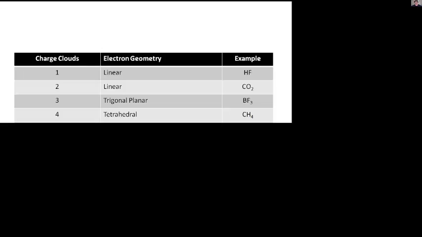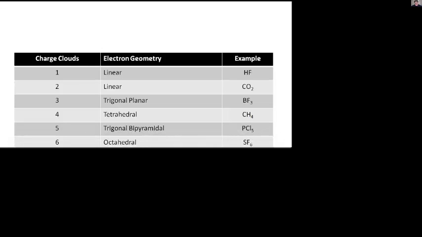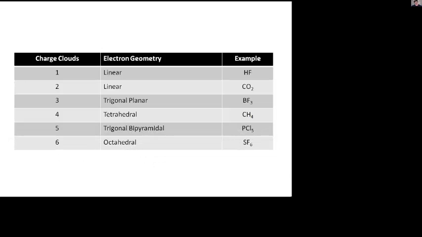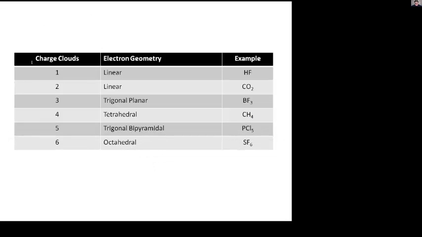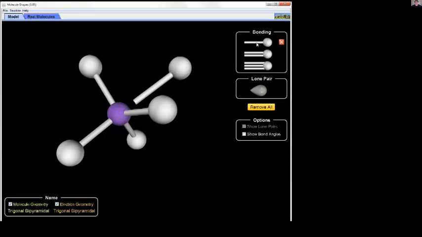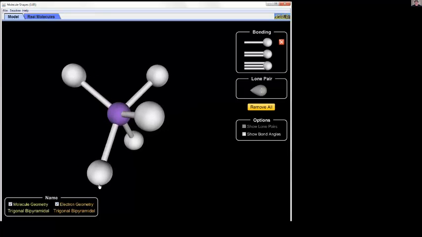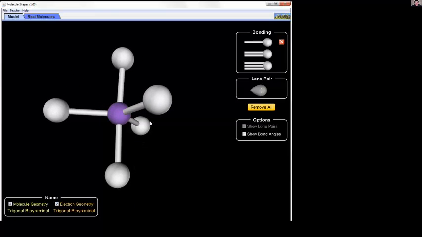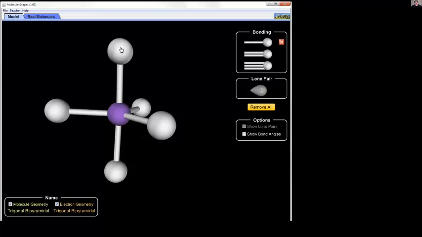So we're adding in 2 more. This time we're going to add in the trigonal bipyramidal and the octahedral. So we're just adding in 1 or 2 more additional atoms into our structure. Let's see what that looks like. I'm just going to add in another atom here. And now I have something you may notice that runs up and down.